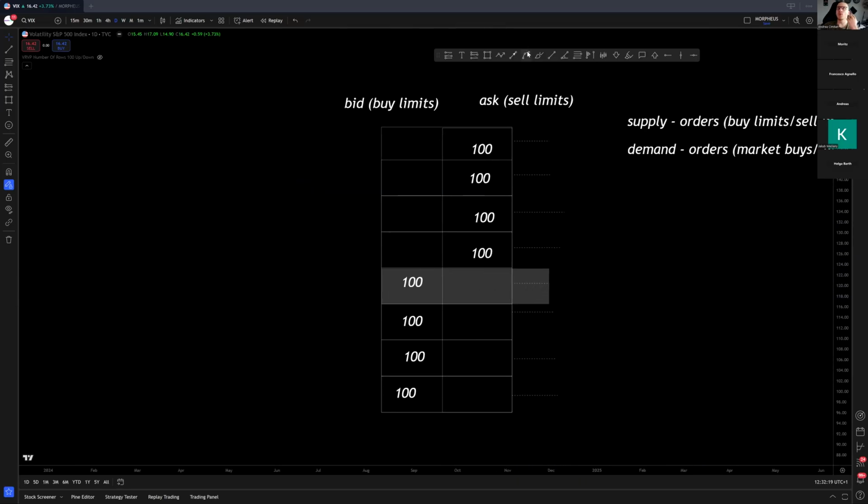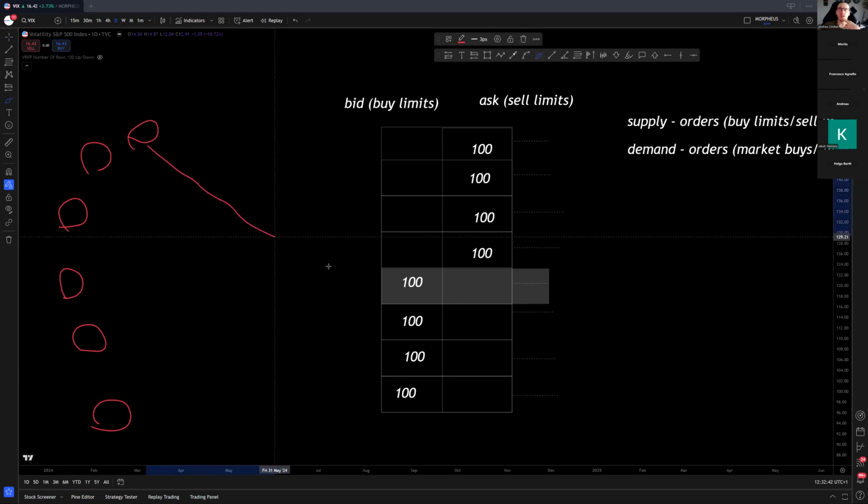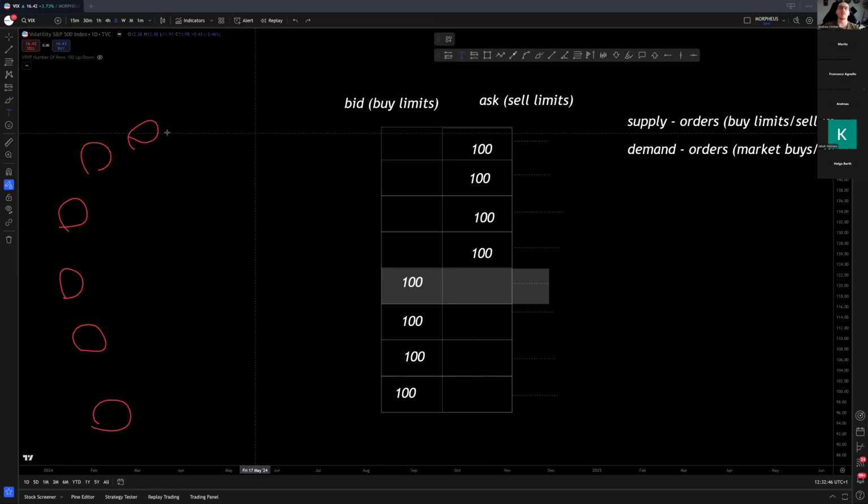We don't have a way to see aggressive participants before they buy or sell something. But let's imagine them as little traders from their trading floor ready to click the buy market or sell market button, okay? For example, this participant needs to sell now.